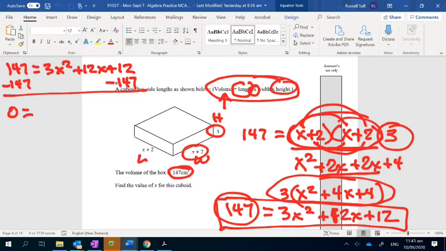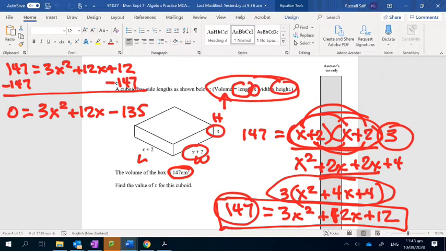Remember, it's a quadratic, x squared, so you have to set it equal to 0, then factorize it to solve it. So 3x squared plus 12x won't change. But what is 12 minus 147 going to make? Minus 135. Now, we have it set equal to 0.